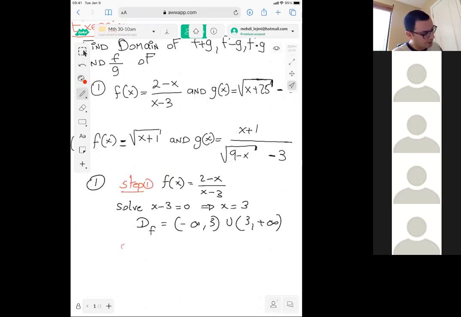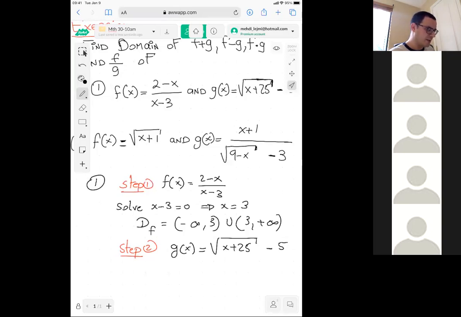Now for g, be careful, guys. This is the square root of x plus 25, and then there is a minus 5 outside. The square root is like a power, so you have to do the power first and then subtract.